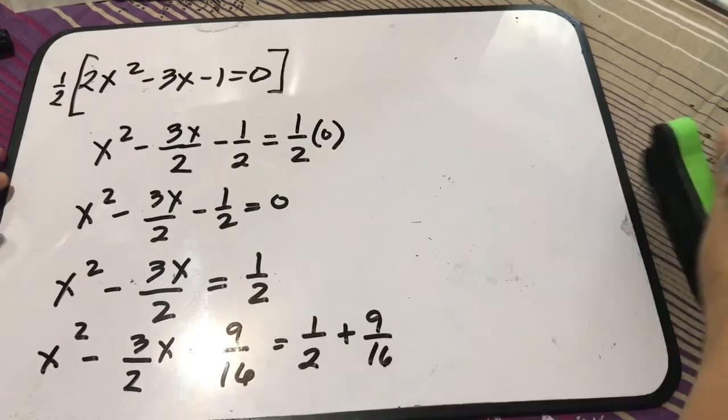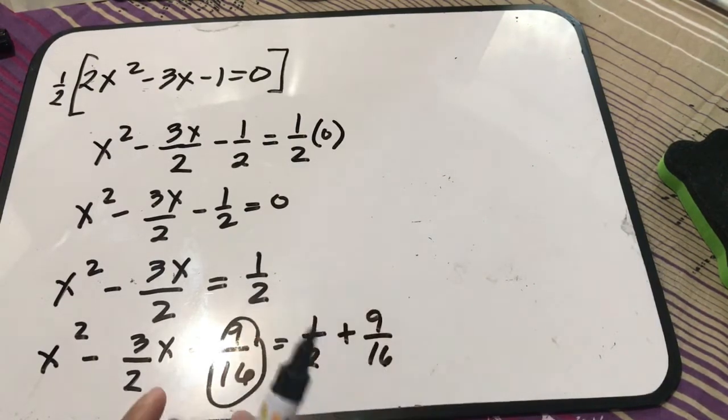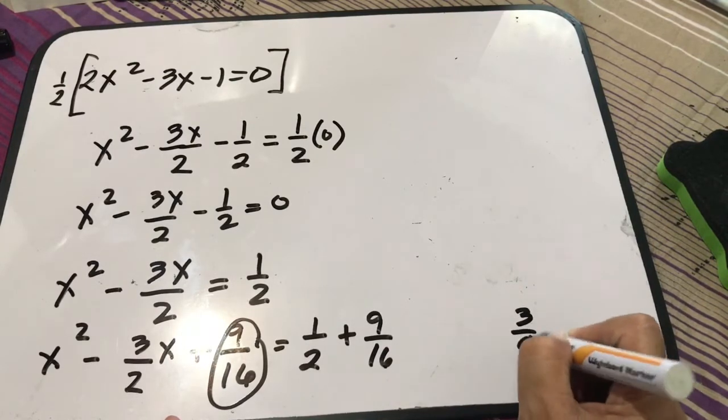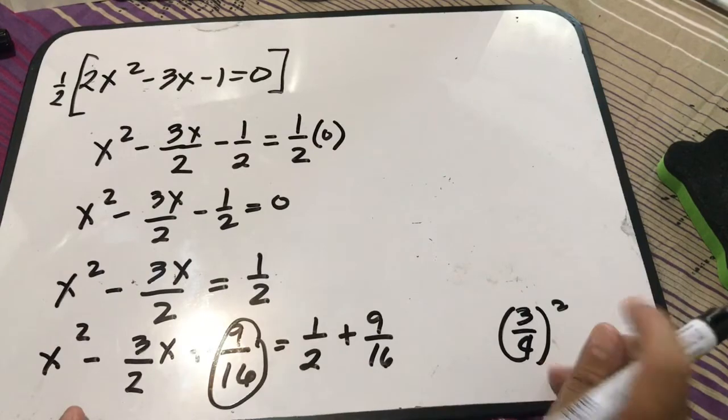We will now express this x squared minus 3 over 2x plus 9 over 16 as a square of a binomial. Remember, the 9 over 16 earlier, when we squared, came from 3 over 4. So, we will be using that in the square of the binomial.